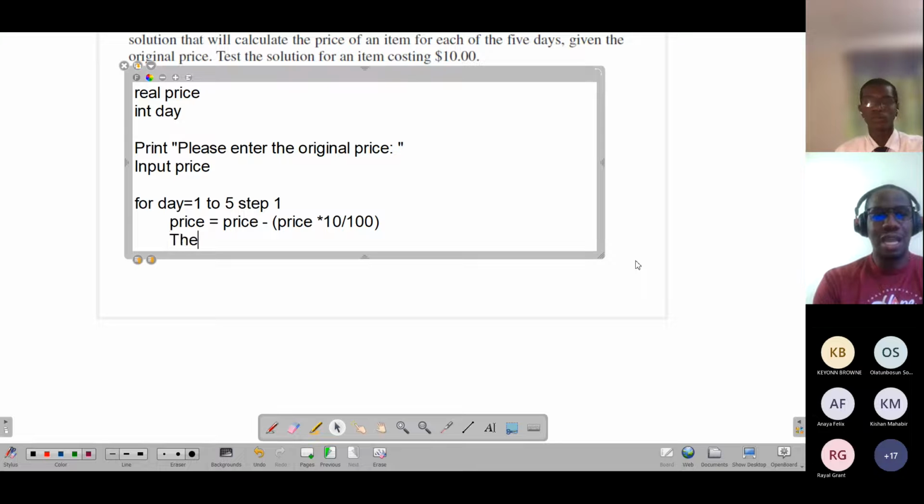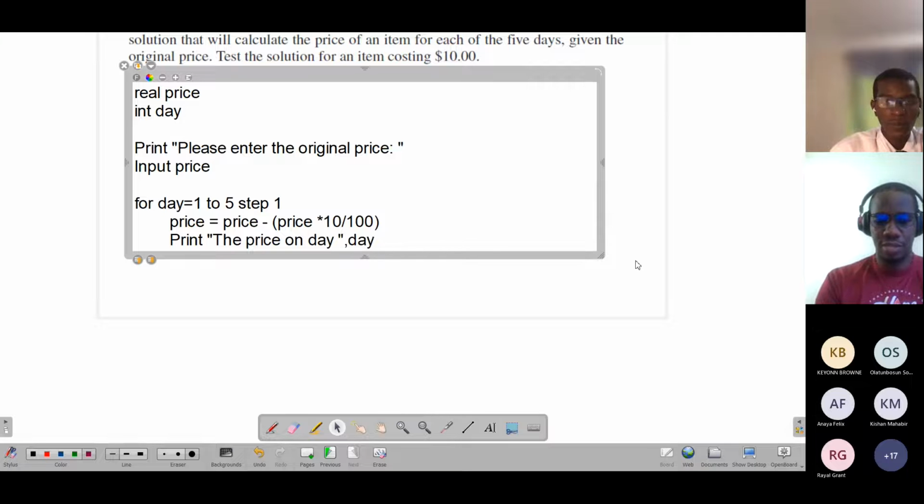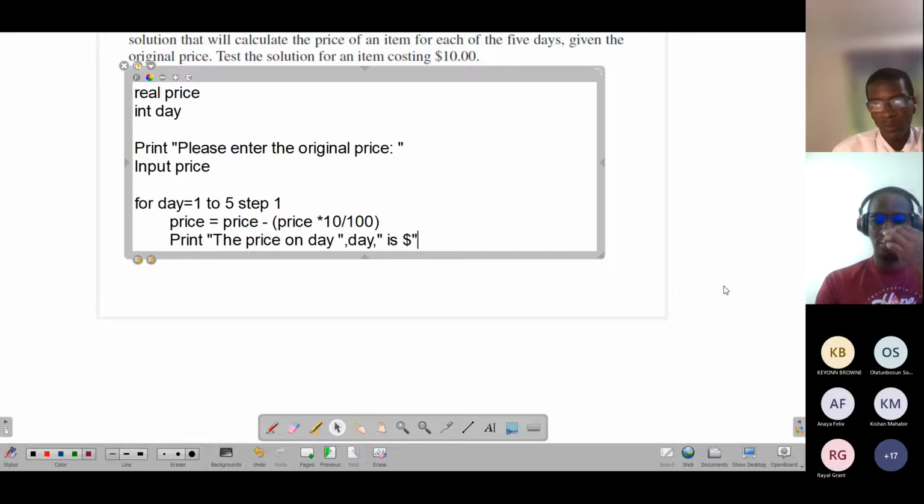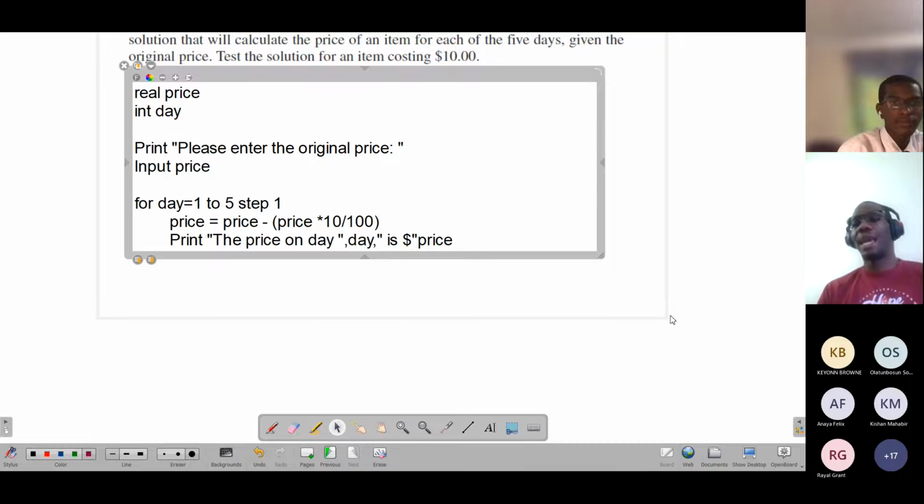So we could say print the price on day D is $. So what is going to print out here is that the price on day 1 is whatever the price was worked out to be.